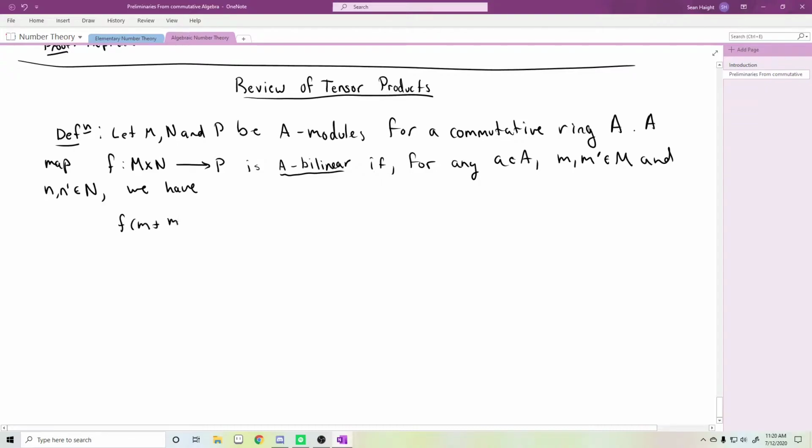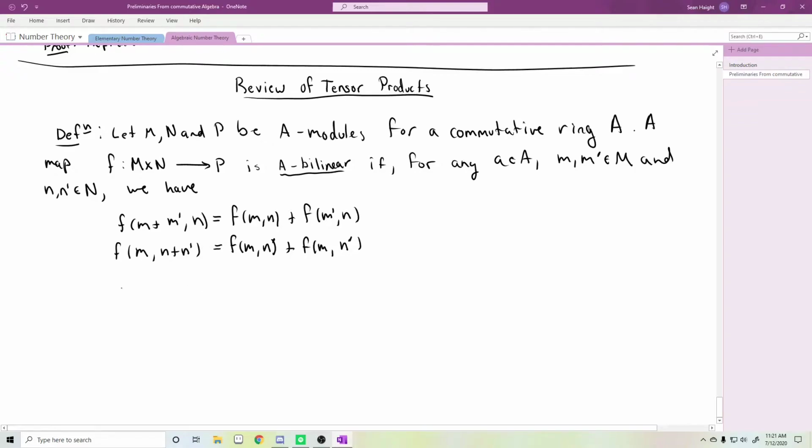So essentially it's additive in the first factor, so I can split the function over the addition in the first factor. I can split the function over addition in the second factor.